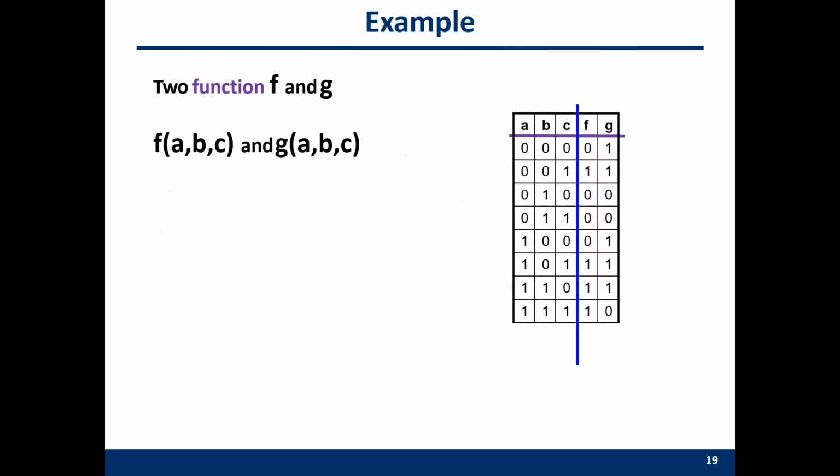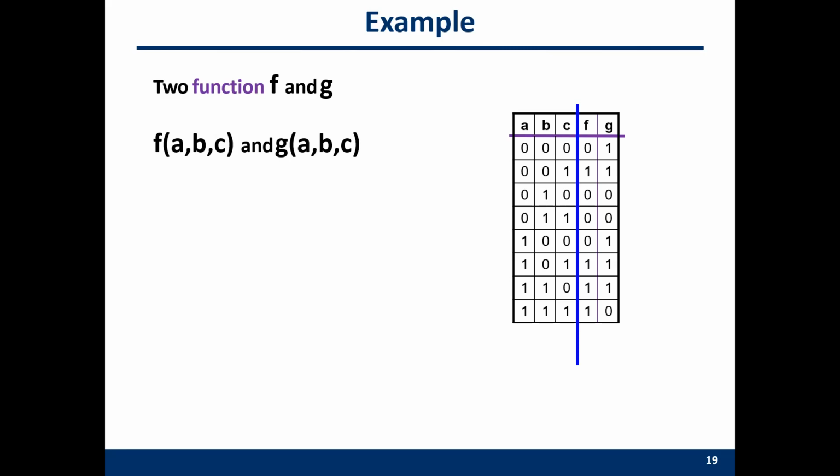So here is one example. We have two functions. The first one is f, the second one is g. Both of them have 3 variables as the input. So we just combine the two truth tables, one for f, one for g, into one single truth table.